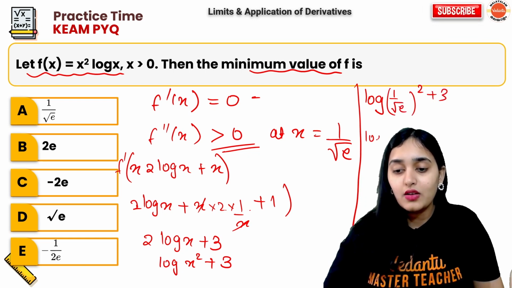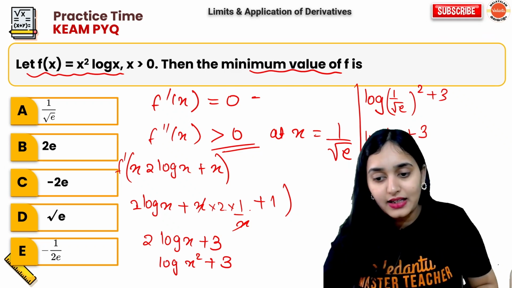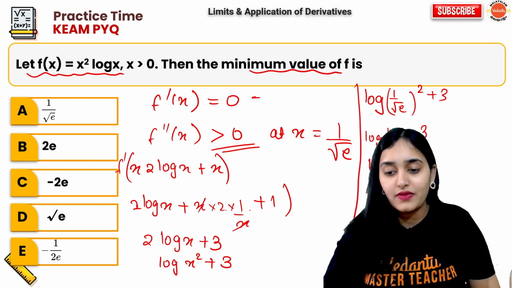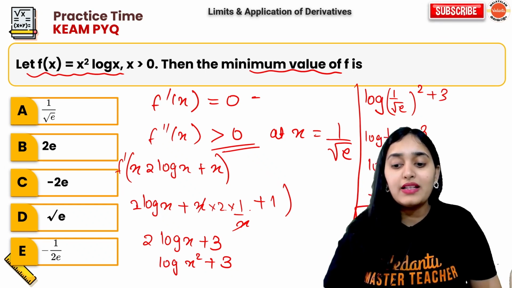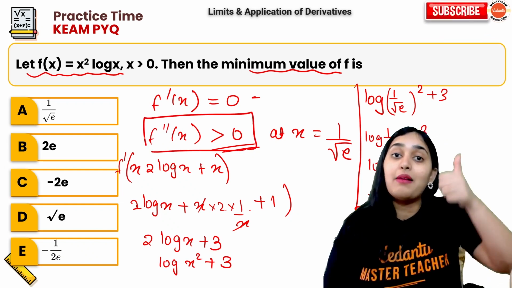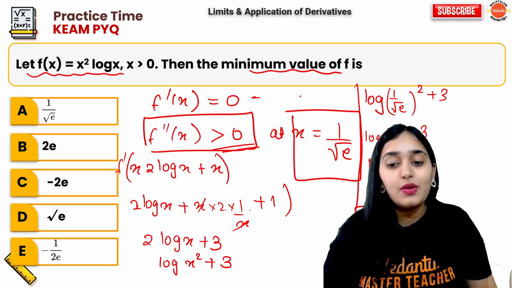So this is log 1 by e plus 3. Log 1 by e is basically log base e to the power minus 1. So this is minus 1 plus 3, which is 2. 2 is greater than 0. So my function is coming greater than 0. That means this x value is correct.